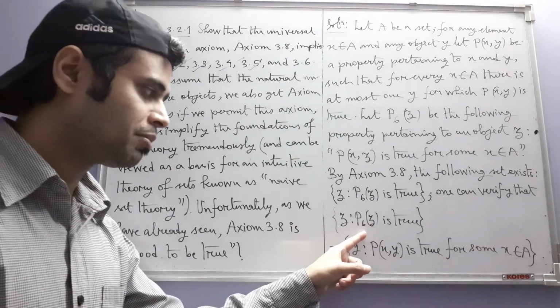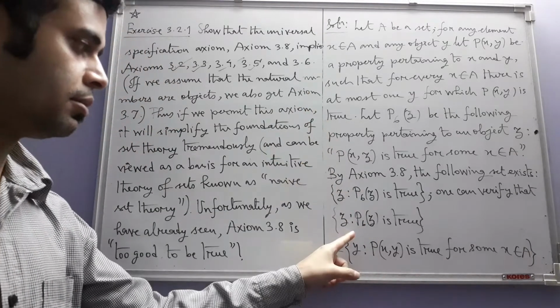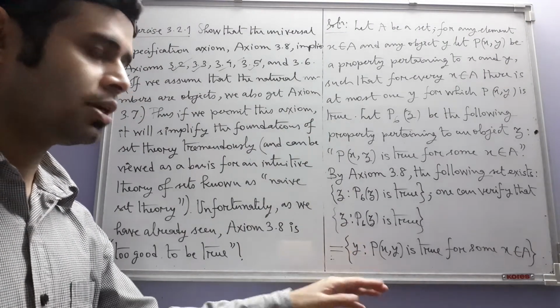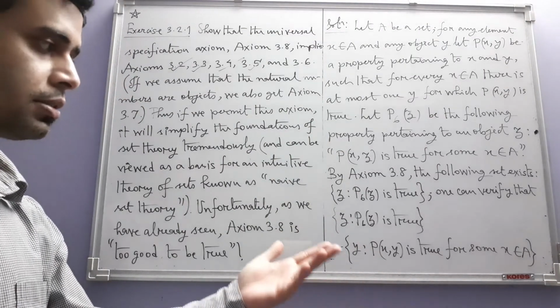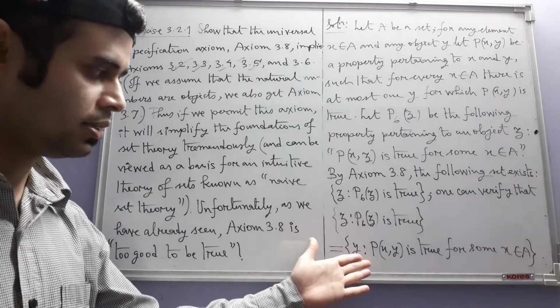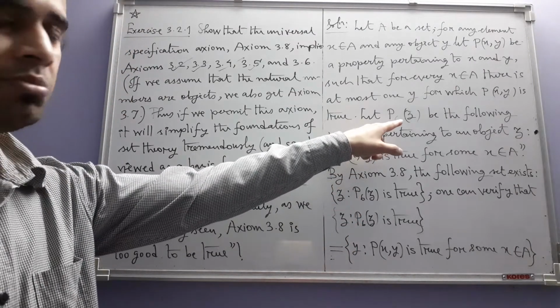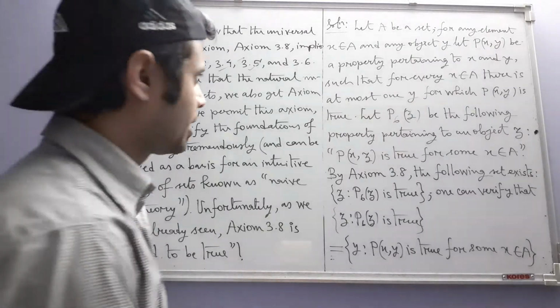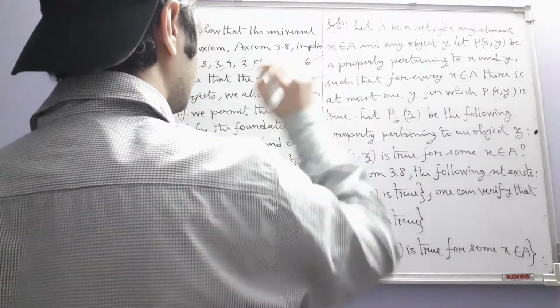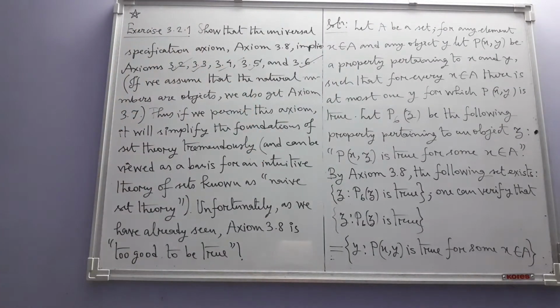Just remember that I have already said a while ago that this will become less and less obvious. However, it's very easy to see that these two sets are equal. Just have to look at the definition of the P6 set. So that's how we also get the axiom of replacement as a consequence of the axiom of universal specification.